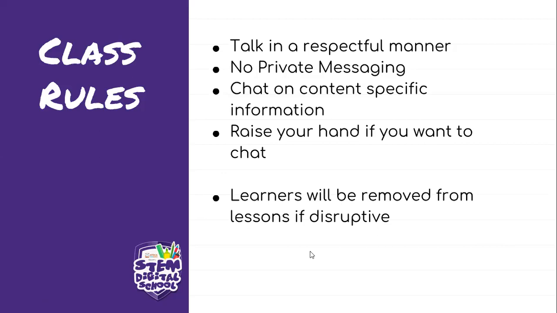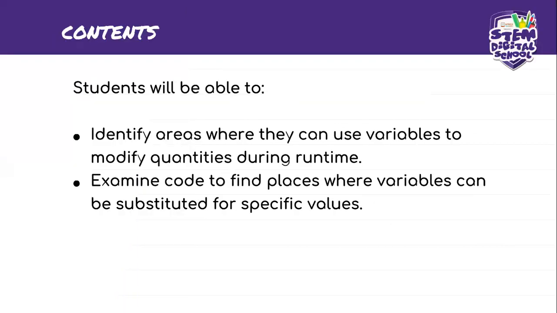Okay, guys. What are our objectives? To identify areas where we can use variables to modify quantities during runtime. That sounds strange, but as we saw yesterday, we will use our math blocks and assign values to certain things.